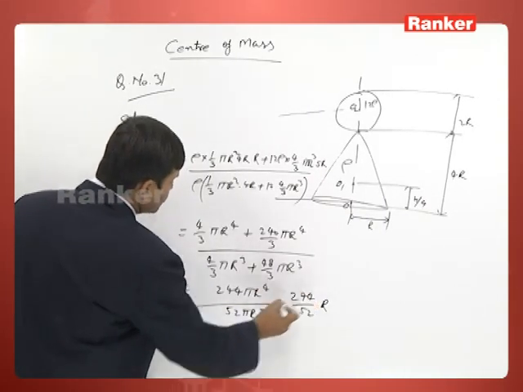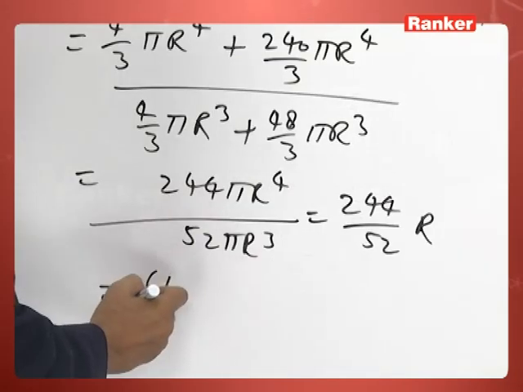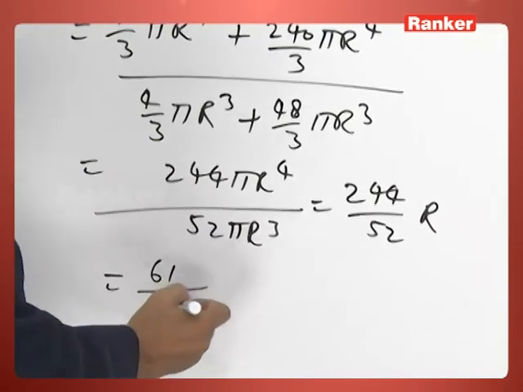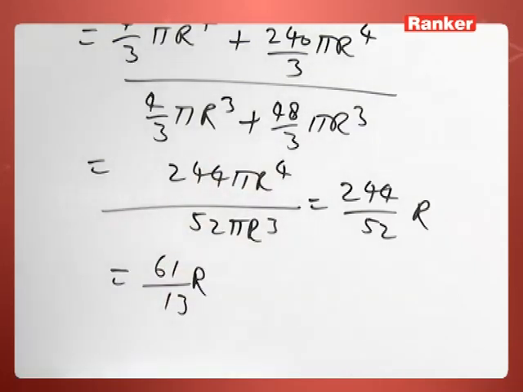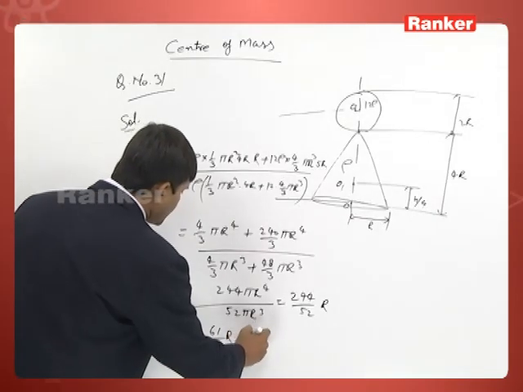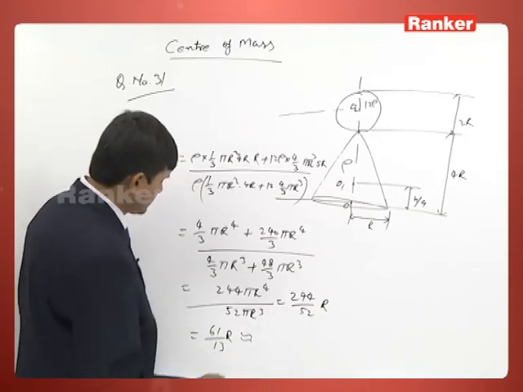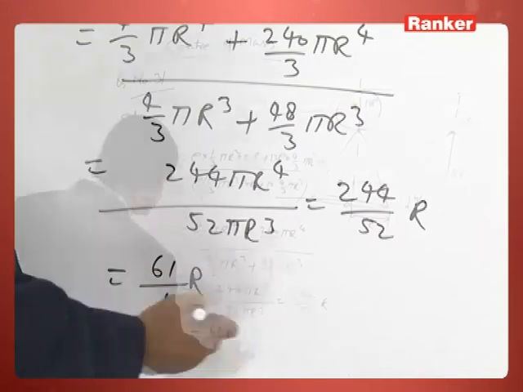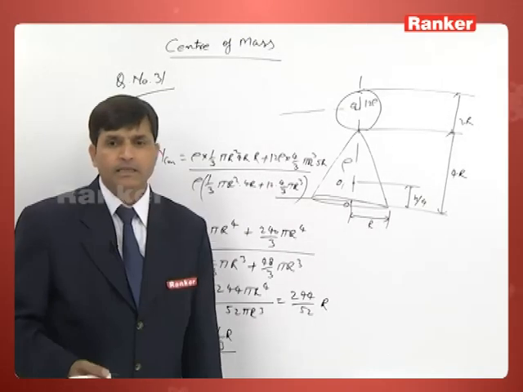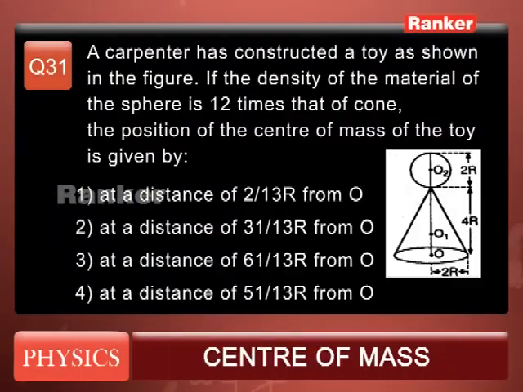We can divide by 4, giving 61 by 13 into r, or directly we can say 61 r by 13. So our correct option, the third option, is the correct option.